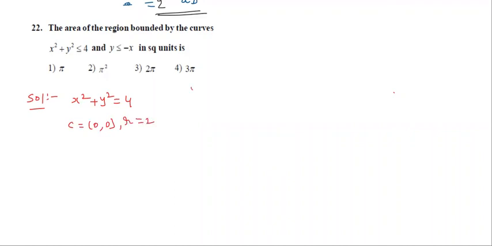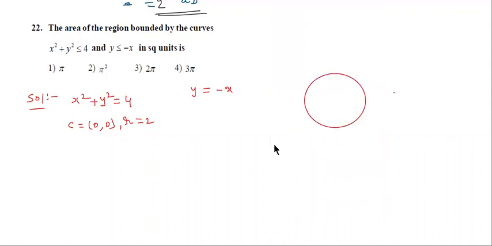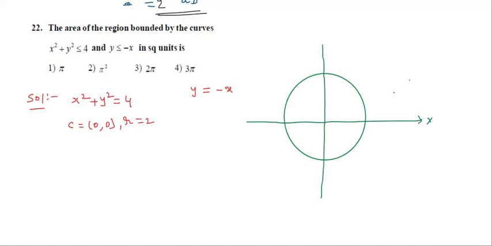Now y is less than or equal to minus x. Take y is equal to minus x first of all. Now draw the graph. First draw the circle. This is the circle. And draw the coordinates. This is the x coordinate. This is the y coordinate. What about this point? That is 2.